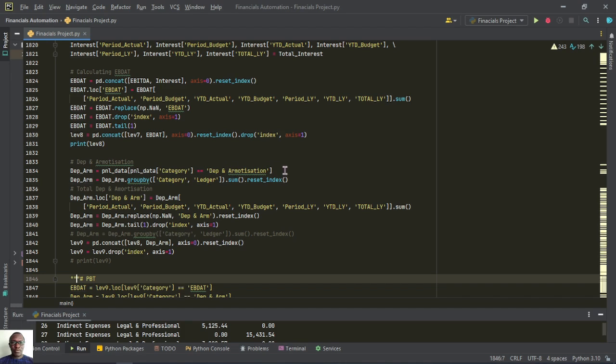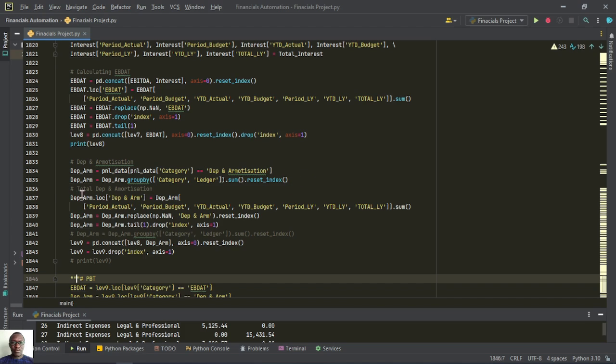So we are only selecting a subset of data where category is equal to depreciation and amortization. And then dep_amortization is equal to dep_amortization, so we are grouping by category and ledger, and then we are summing up the numerical columns. Then we reset the index.